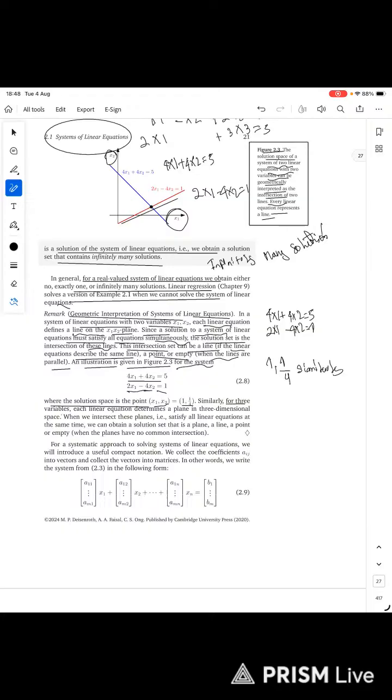Similarly, for three variables each linear equation determines a plane in three-dimensional space. When we intersect the planes, the solution must satisfy all linear equations at the same time. We can obtain a solution set that is a plane, a line, a point, or empty when the planes have no common intersection.